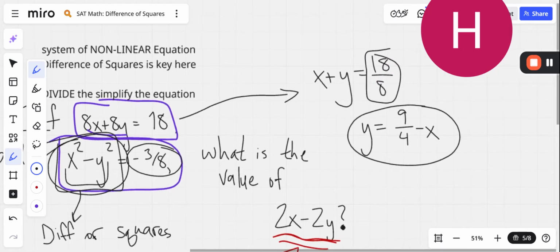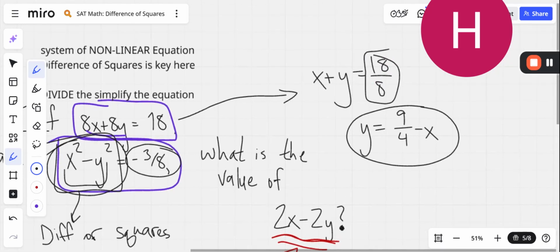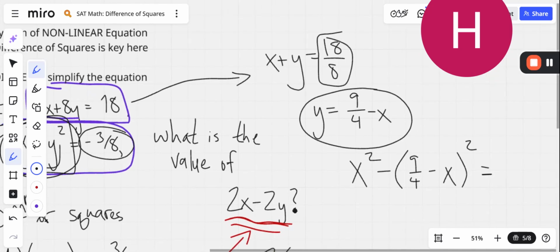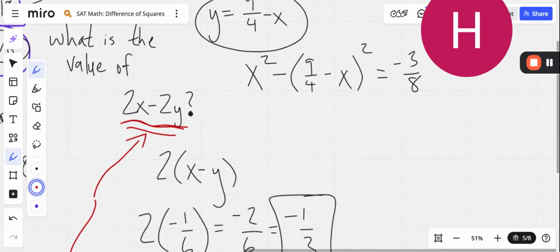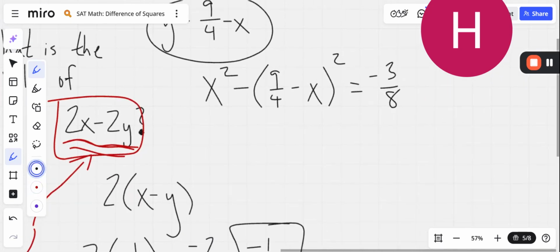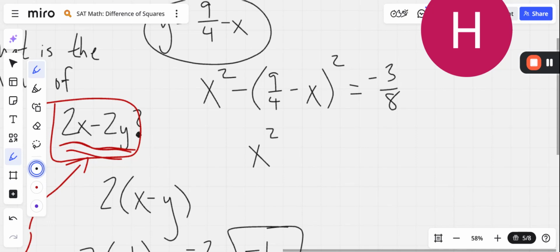And you could totally plug that in here to find what your x and y are equal to. But you see how that's taking me kind of a long time to get to that process. And it's going to involve some kind of a quadratic situation here that I probably don't want to deal with. You could still solve the problem this way, but who wants to deal with that? Because my goal is to get 2x minus 2y, so it feels like I'm sort of far removed from the goal here.